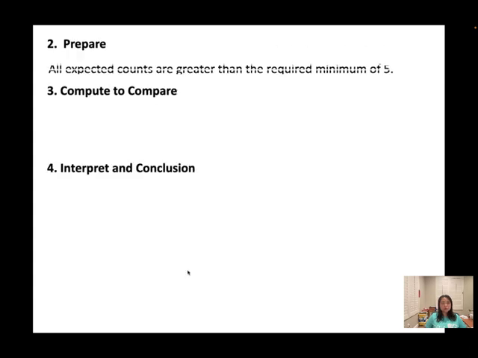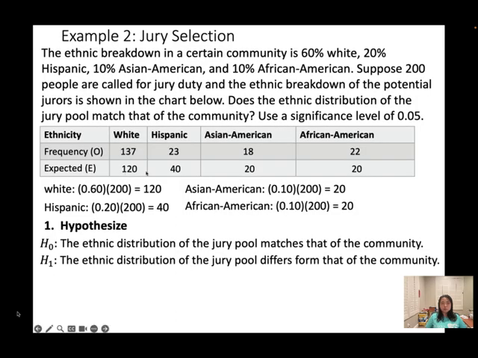Prepare: all expected counts are greater than the required minimum of 5. So double check all the expected frequencies are at least 5. Good, right?